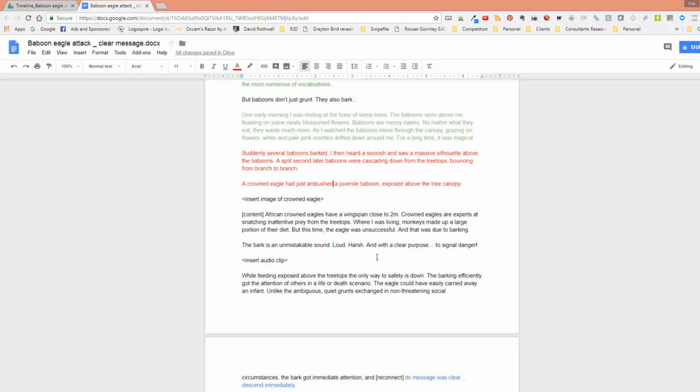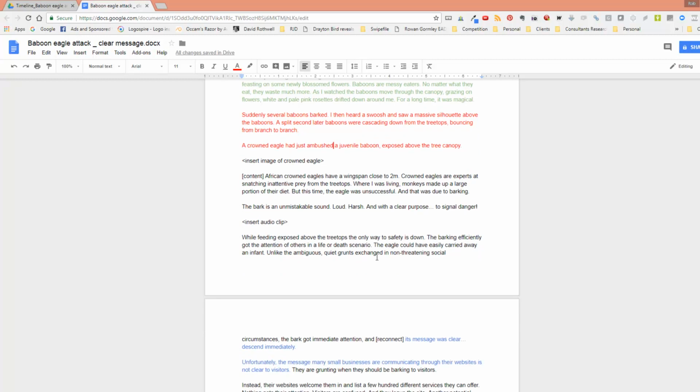So I also feel like there's a little bit of over-explanation going on here. So when I first read this, I felt that actually so where he's explaining the barking, I don't think he really needs to explain why the barking is life or death.